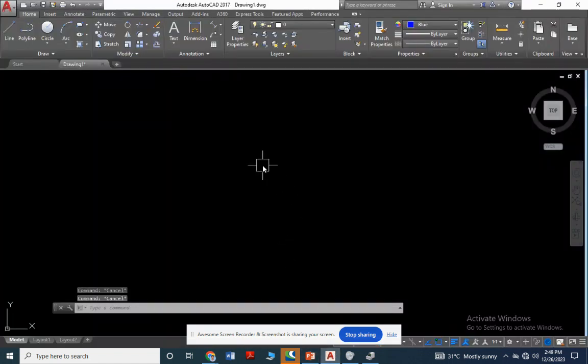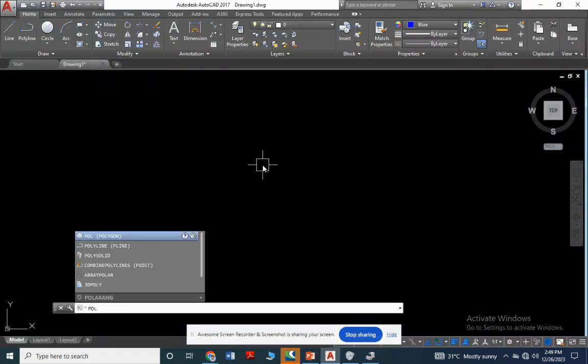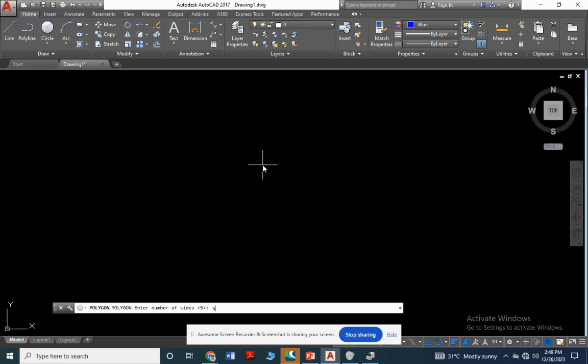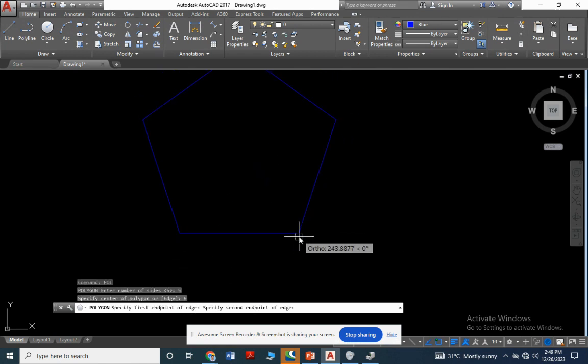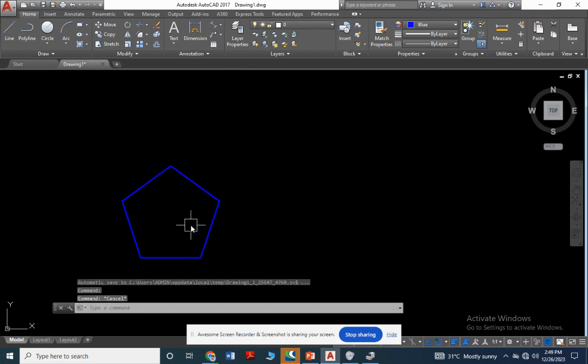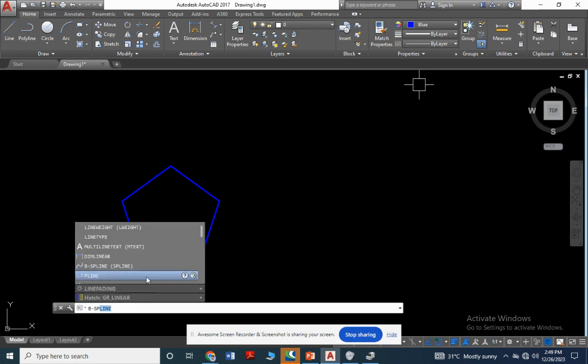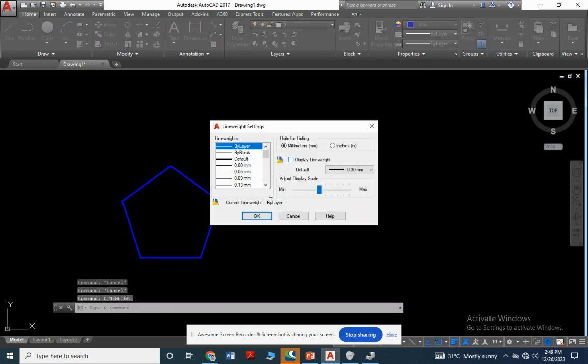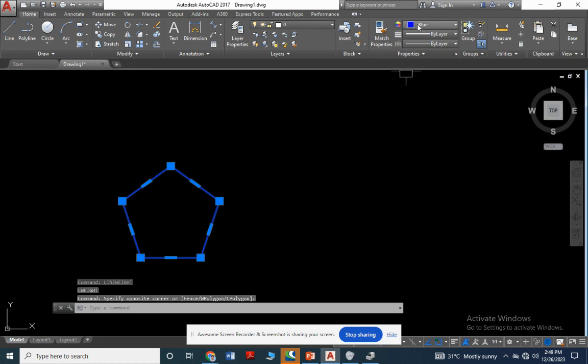Let's start. First, draw the polygon. Number of sides is 5. I choose the edge method, and this one is 30 mm. First I turn line weight off, and then I choose by layer.